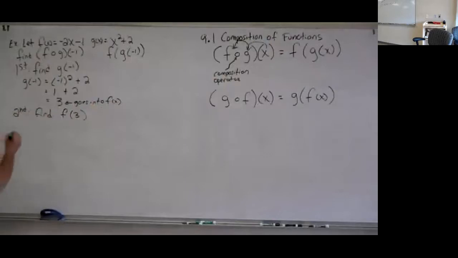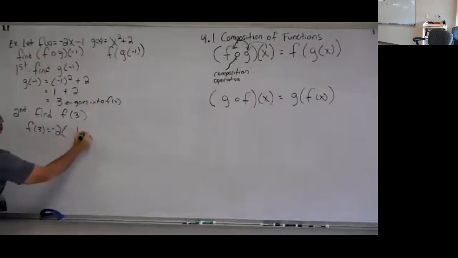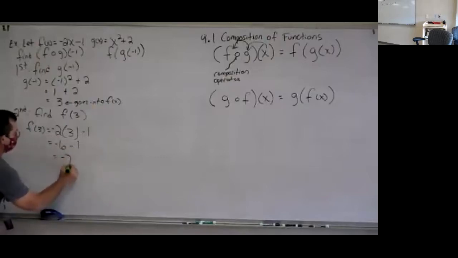F of 3 will equal the F equation, negative 2 times my X minus 1. And we said in place of the X, we're going to put that 3, okay? All right, so we got to multiply first. So negative 2 and 3 will give you negative 6 minus 1. And that's what, a negative 7. So F composed G of negative 1 in this case was negative 7.